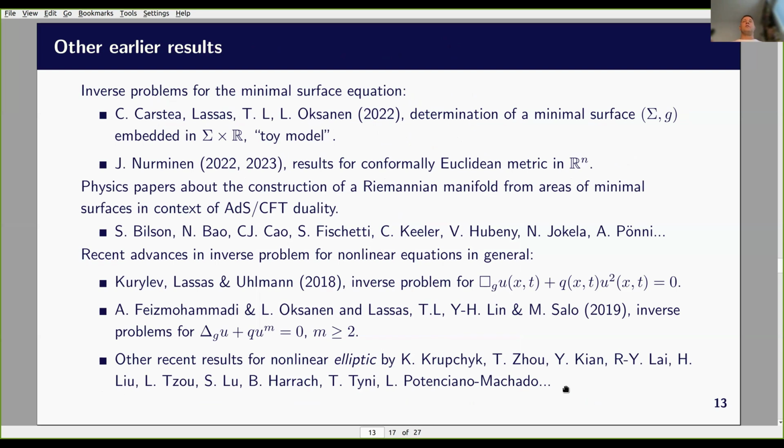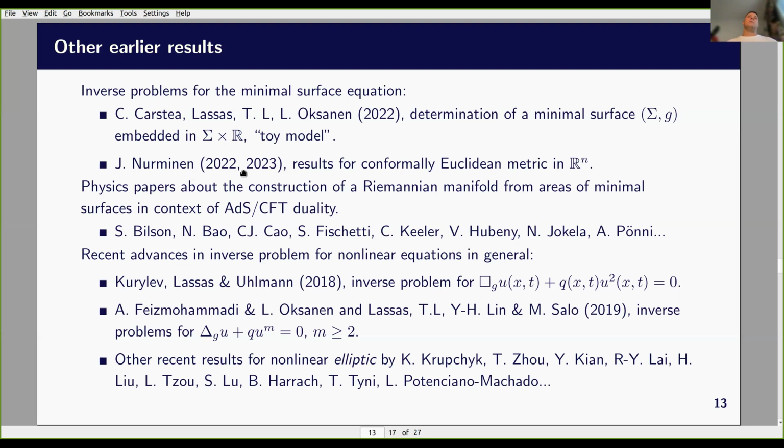The inverse problem for the minimal surface equation started with a paper by Tracey, Nachman and Alexakis, but after that there's a paper by Katalin Kar, Matti Lassas, me and Lauri Oksanen in 2022, and there we studied this kind of toy model. So in that case, the minimal surfaces were embedded in this kind of cylinder-shaped manifold, Sigma times R, so it looks like a cylinder. As it happens, in this case the inverse problem for minimal surfaces is much easier. So it's in a sense some kind of toy model.